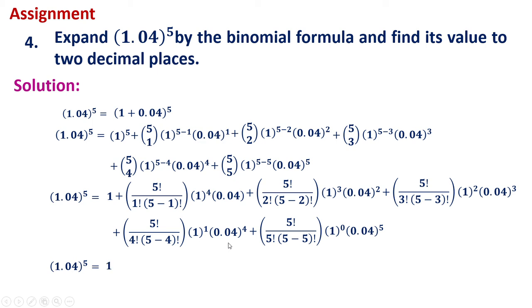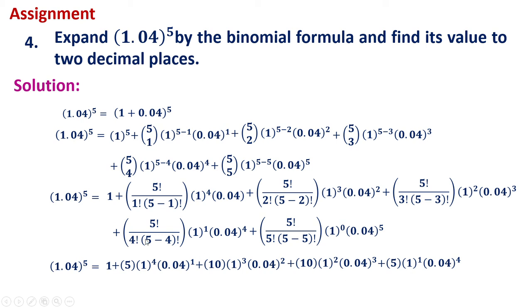So, 1 plus 5, 1, 0.04 plus 10, 1, 0.04 plus 10 uli, 1, 0.04. Ayan. This is 5, 1, 0.04 is 4, and then plus 0.04 raised to the fifth. So, ang final answer natin is 1.21665290. Kaya lang, hiningi dyan ay 2 decimal places. So, we have 1.22. Nagkakaintindihan tayo.